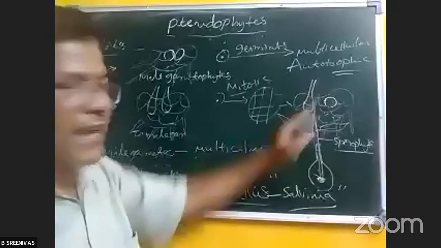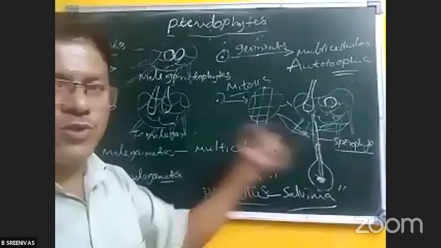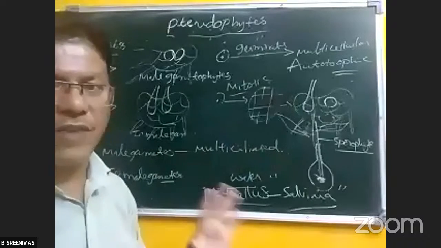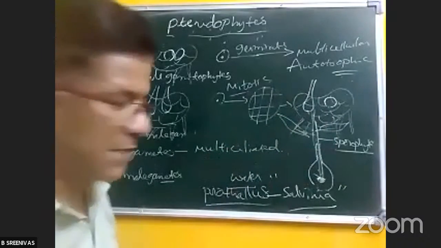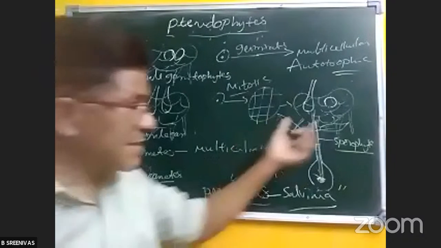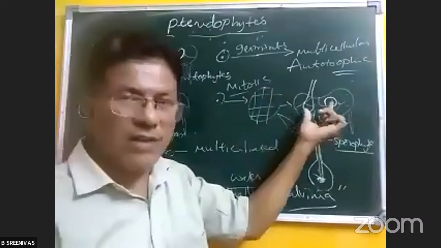Now these gametes fuse together to form a diploid zygote that develops into an embryo. The embryo develops into the sporophyte. Generally, the sex organs produce the female gamete and the antheridia produce the male gamete.